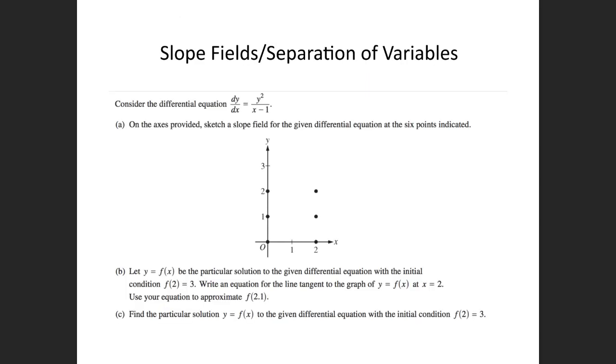Next thing that we're going to talk about today is slope fields and separation of variables. Now, we did these this semester, but I just want to make sure we go over it because this is like the last thing we've done. We've done a lot of stuff this semester.